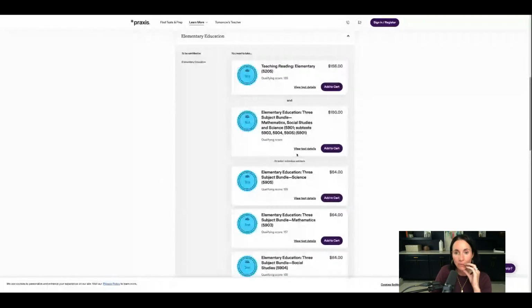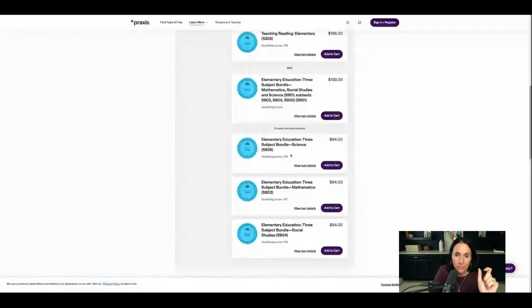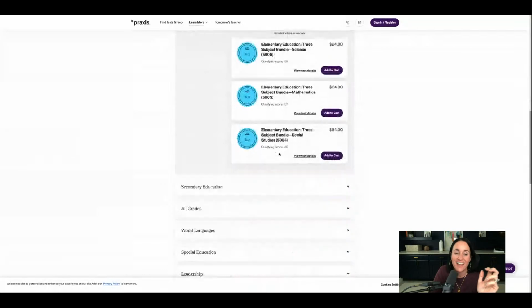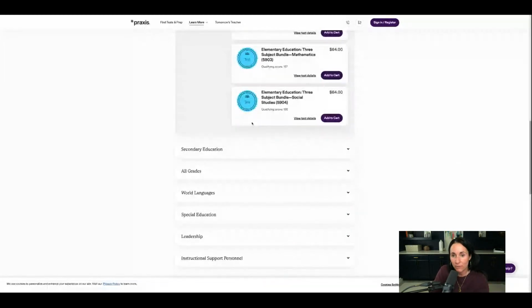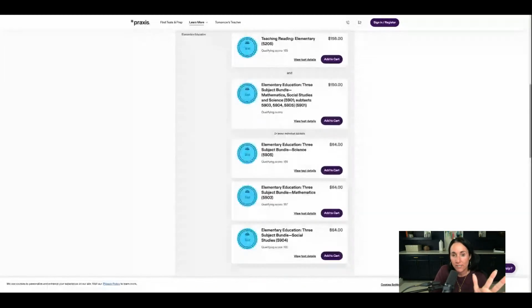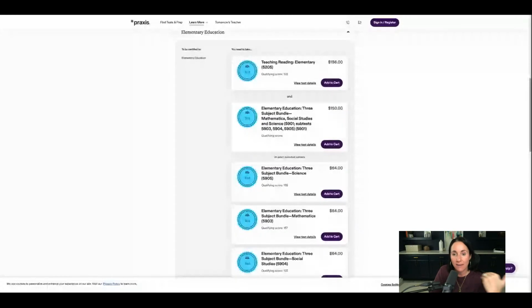They should just give you the 7001. Anyways, I have a lot of suggestions for states, but nobody listens to me. This is what you've got to take. You have to take the 5901, which is elementary education, but it doesn't have reading. It just has math, social science, and science. And then they're making you take the teaching reading. So you're in the right place. So we'll link that up in the email. So that will help you.